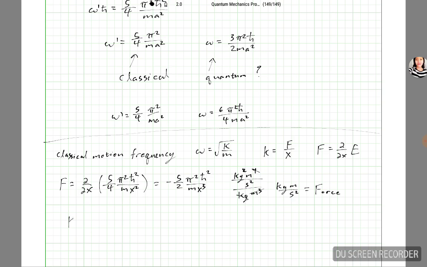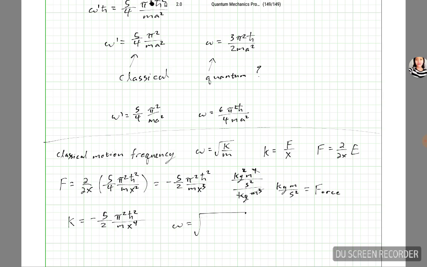Alright, so that means that K is the force divided by, I'll keep the negative so then they'll cancel out. So that's our force divided by displacement. So I just get x to the 4th down there. So my omega is the square root of K, and then that's going to be divided by mass.